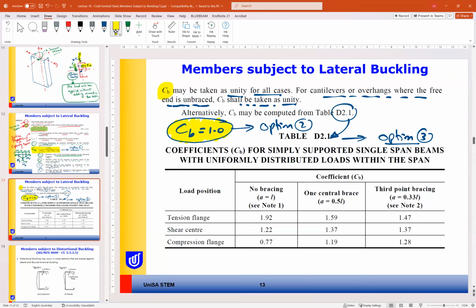So table 2.1 is the coefficient CB for simply supported single span beams with uniformly distributed load within the span.